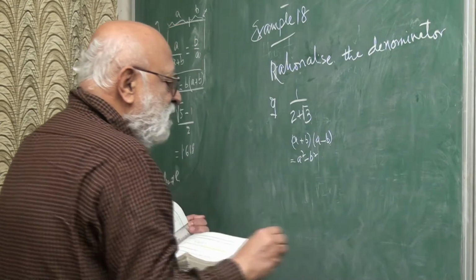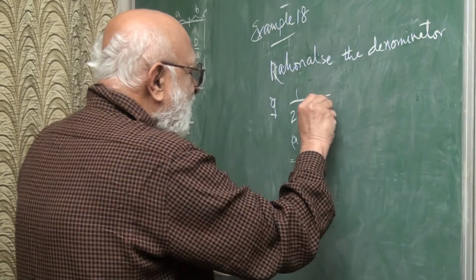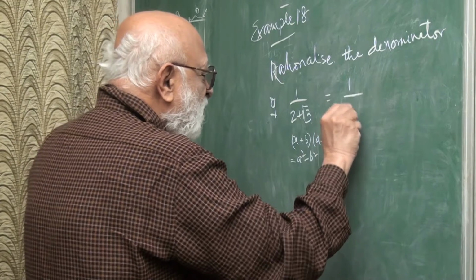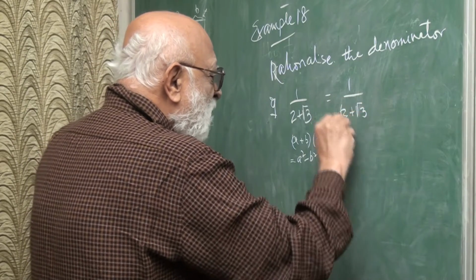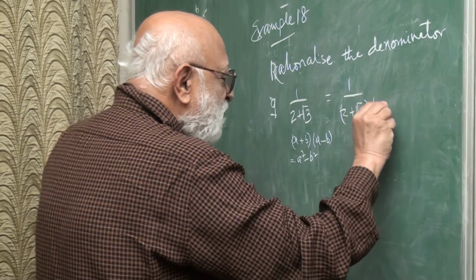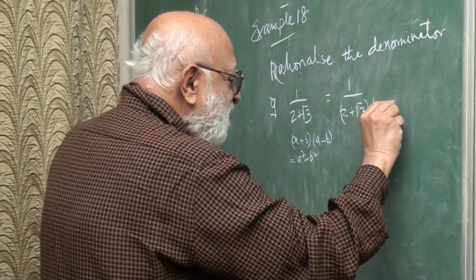So I will do 1 upon 2 plus root 3, multiplied by 2 minus root 3.